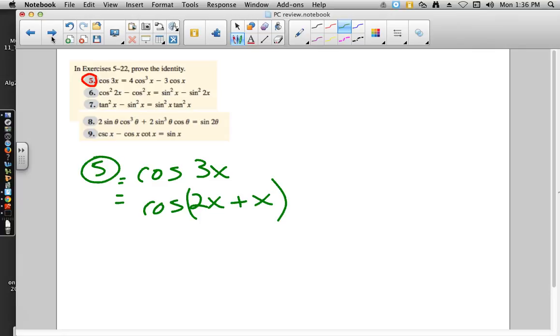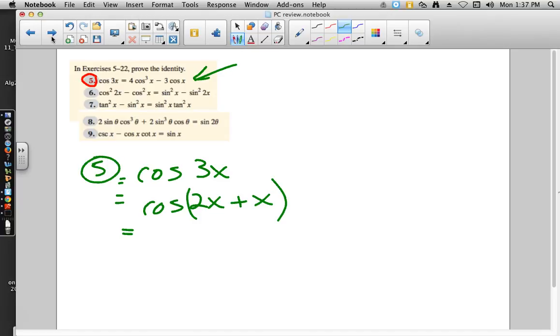to make that happen. And looking at the right-hand side of this, I realize I can use the formulas here to manipulate and get a lot of things from cosine of 2x plus x. So the next place to go would be to use our formulas that we had for adding those cosine angles.